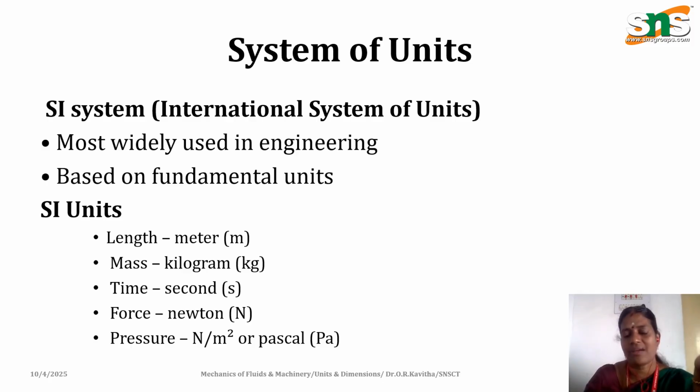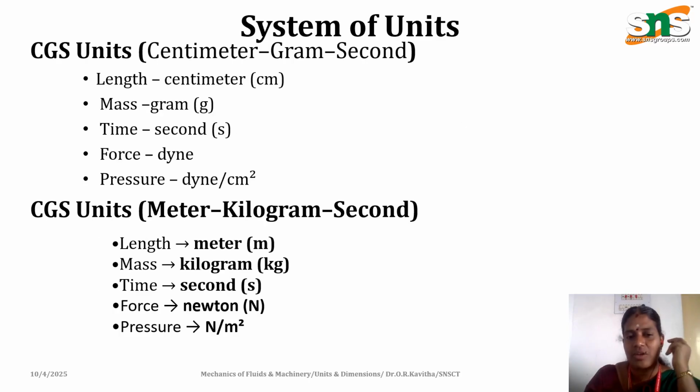For SI units, I am showing some examples. Length is described by meter, mass is kg, and time is second. Similarly, SI units exist for the other derived units and the fundamental units. And the CGS units: what is the full form of CGS? It is centimeter, gram, and second.